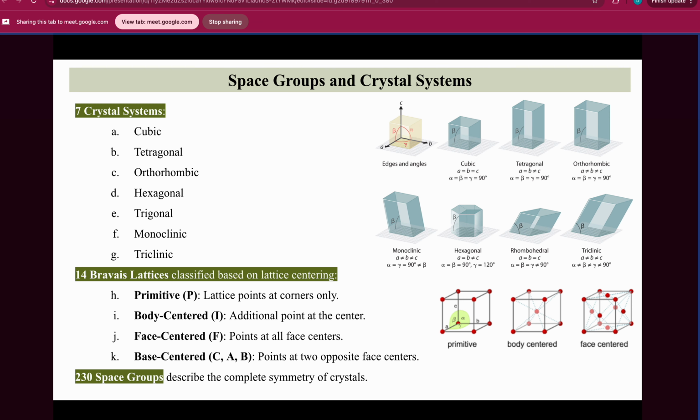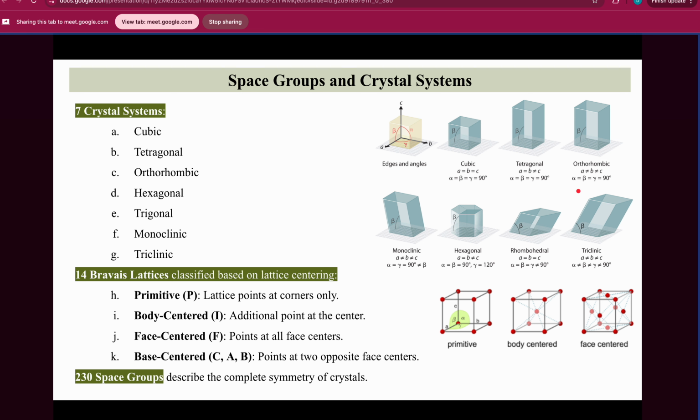Yeah, so now we'll talk about the space groups and crystal systems. Till now we have seen that there are 14 Bravais lattices and 7 crystal systems, which are cubic, tetragonal, orthorhombic, hexagonal, trigonal, monoclinic and triclinic, and this is the representation. These come under 3D lattices, three-dimensional shapes where they will have three distances a, b, c and three angles alpha, beta, gamma.